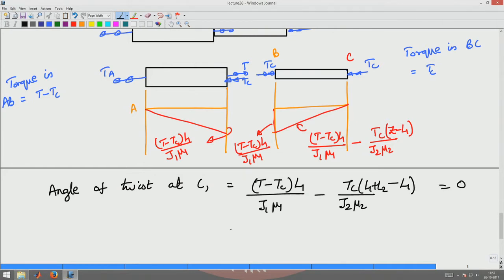So that gives you Tc into (L1 by J1 mu 1 plus L2 by J2 mu 2) must be equal to T into L1 by J1 mu 1, right.